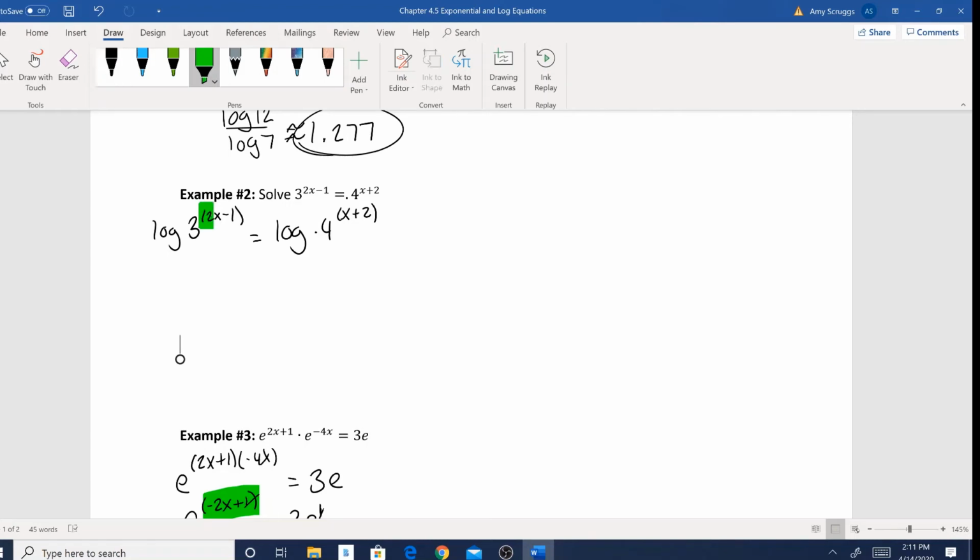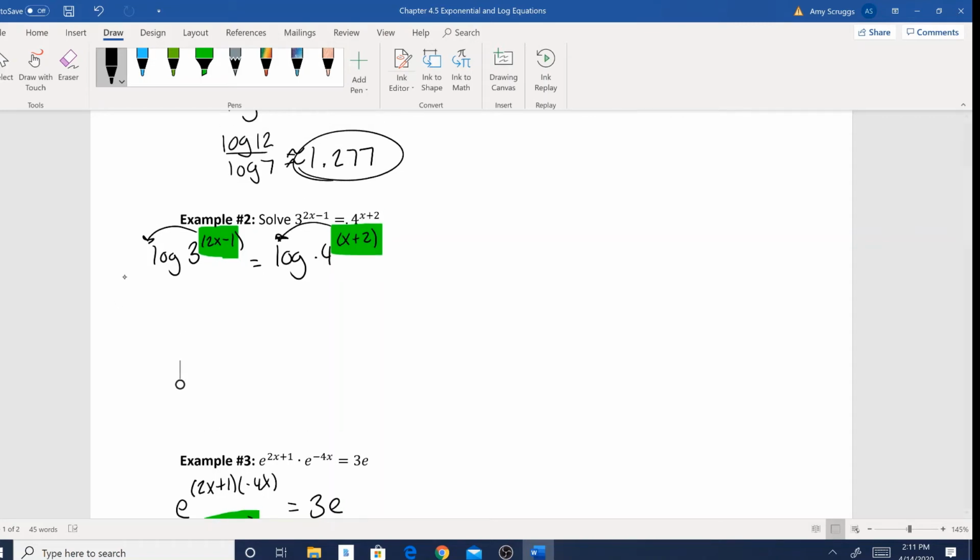The power property of logarithms says that if I have a log with a power, that can come out in the front and be multiplied. So now we have 2x minus 1 times log of 3 is equal to x plus 2 times log of 0.4.